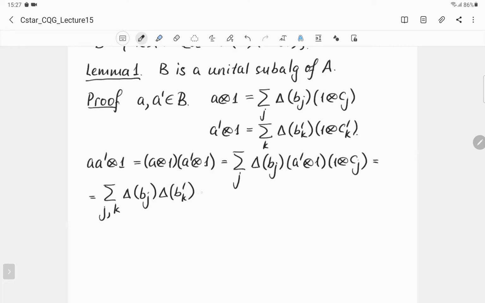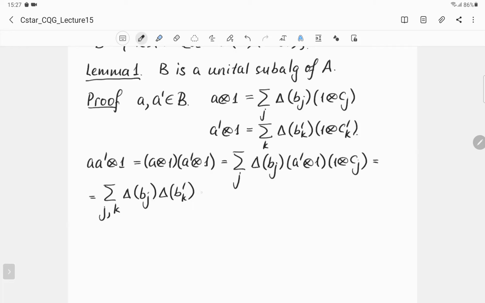And if you now recall the definition of our subalgebra B, we see that Uij sits in B, because the left-hand side of this identity is obviously in B. A similar argument shows that the following is true.